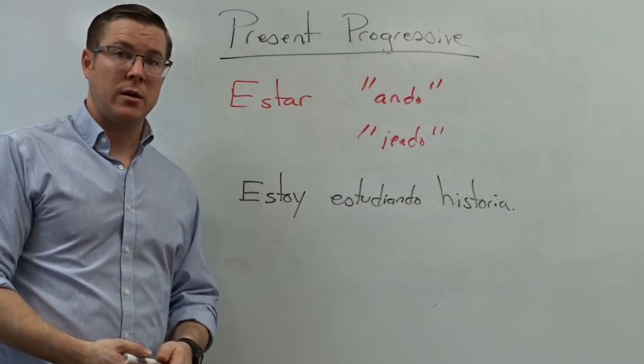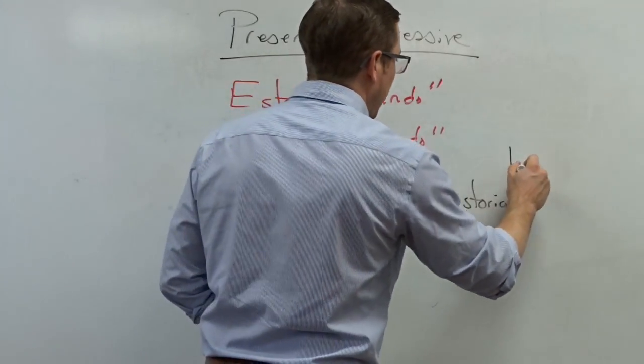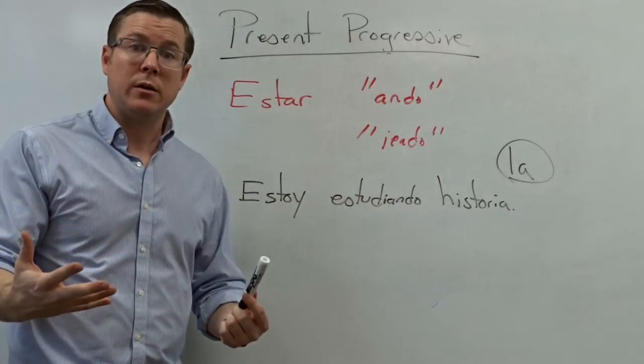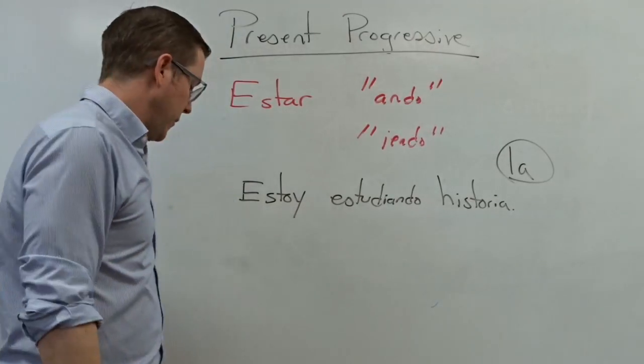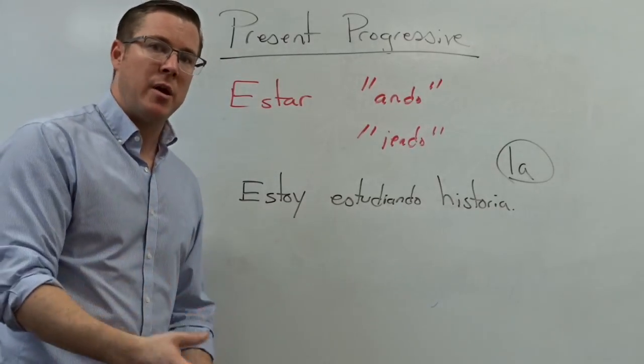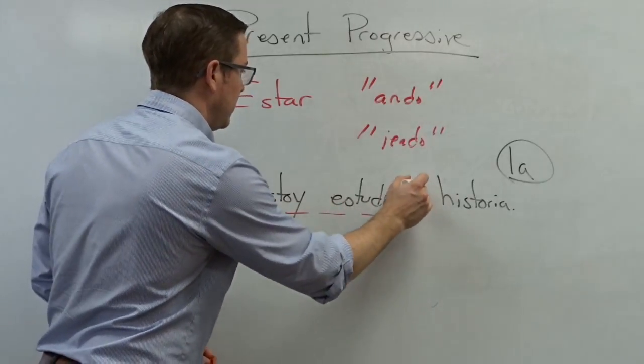What am I studying? History. So again, we know that our object pronoun at this point is la. Well, where do I put it? Just like with a compound verb phrase, if you treat the present progressive form as a compound verb phrase, remember, we have a little force field around it.